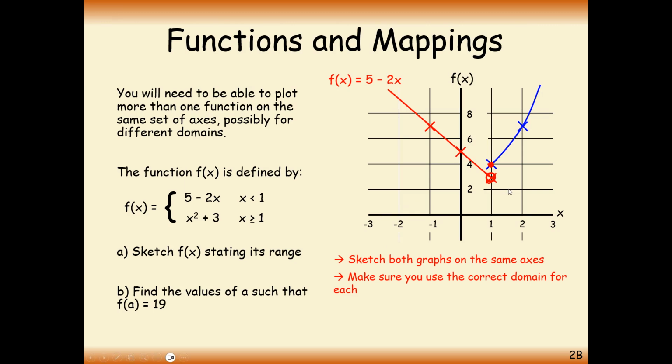All right, so what's the range of this function? Range means output, or y values. Y values can be any positive number as long as they are bigger than this y value here. This y value is 3, but 3 actually is not included.